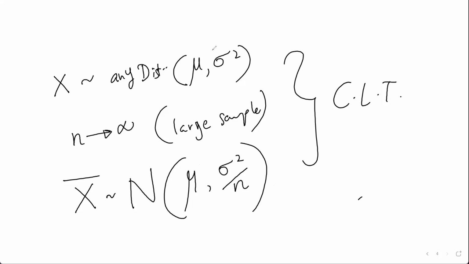Okay, basically this is the idea. ඔගොල්ලෝ දැනගන්න ඕනේ x ගේ mean එක mu, variance එක sigma squared නම් large sample case එකේදී x bar ගේ distribution එක normal, මෙයා any distribution, මෙයා normal with mean mu and variance this one.